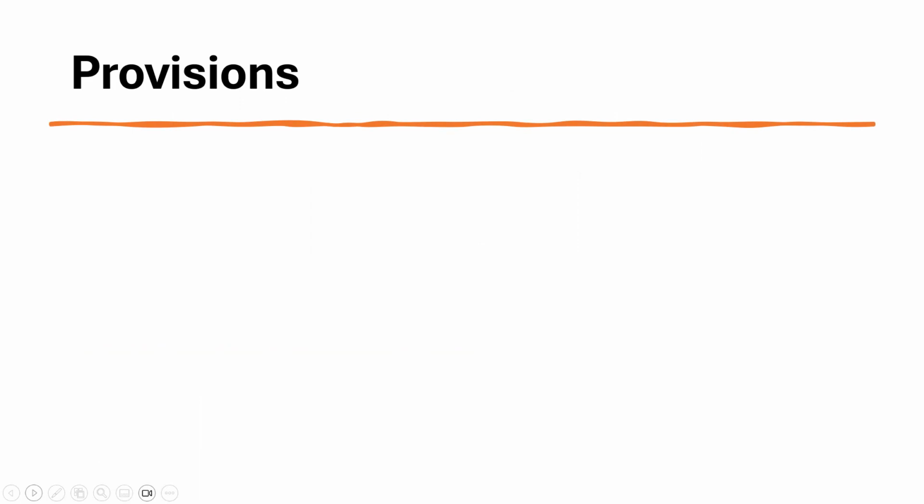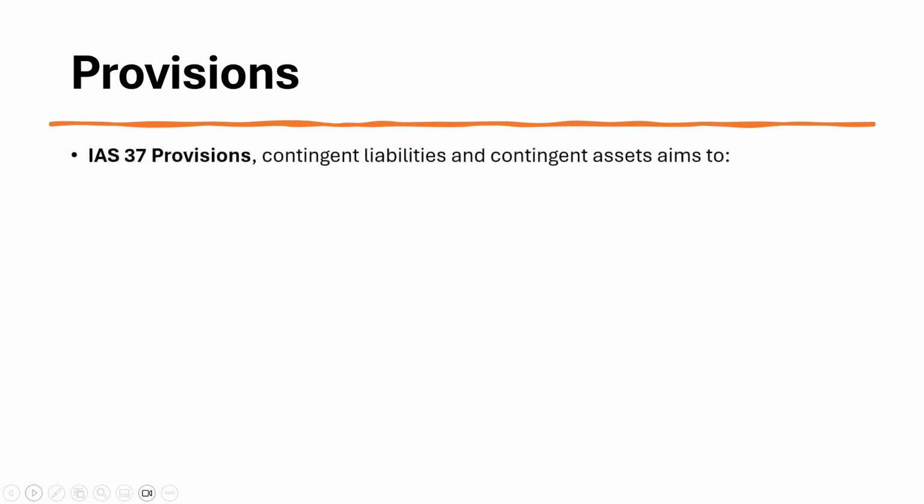Why IAS 37 and why provisions? So basically, the standard IAS 37 talks about provisions, contingent liabilities, and contingent assets.